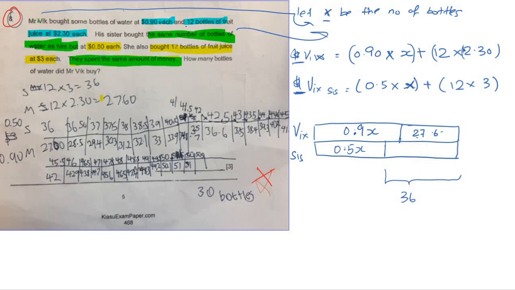Once I drop away this portion, over here is $27.60. And this portion here will be $36 minus $27.60, which gives me $8.40.